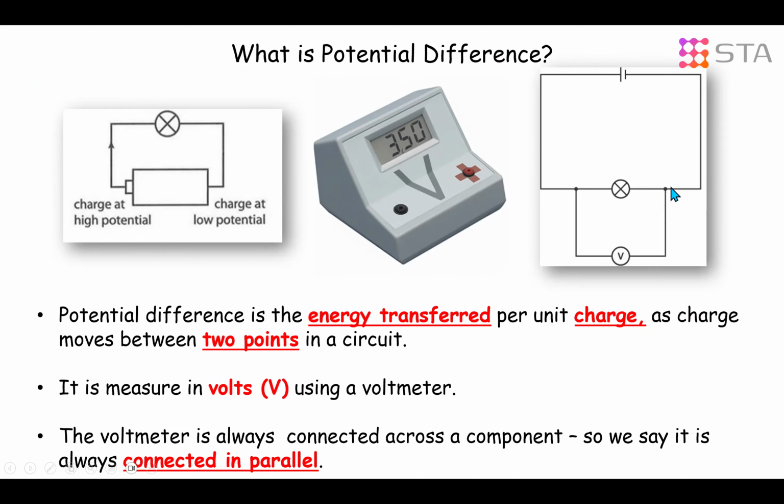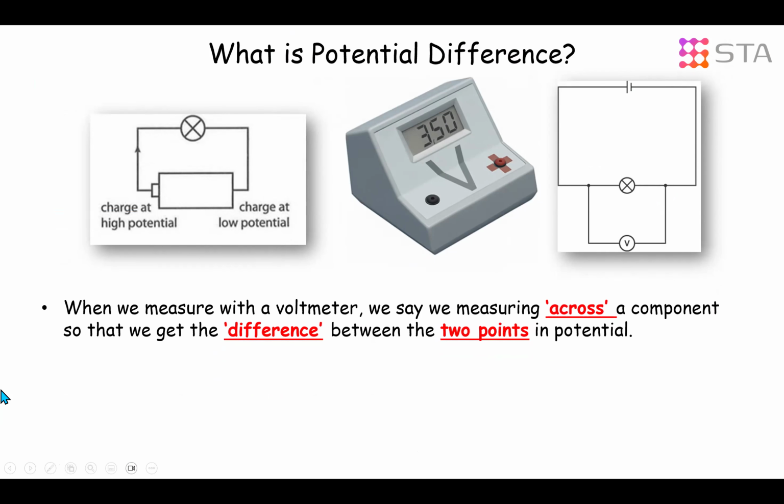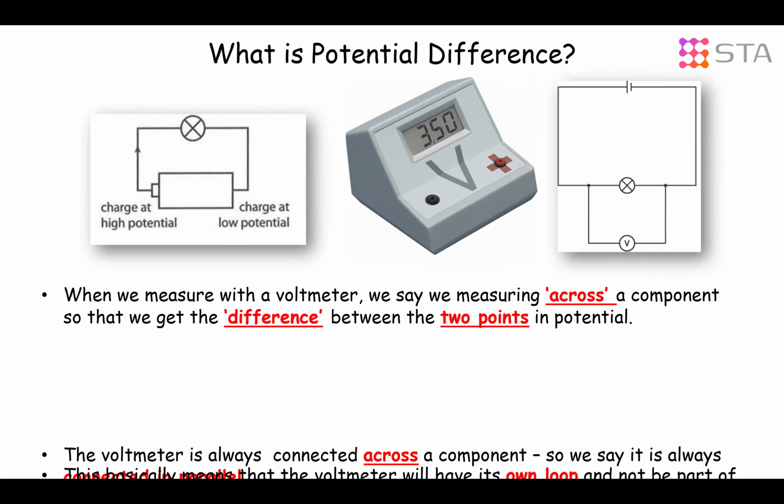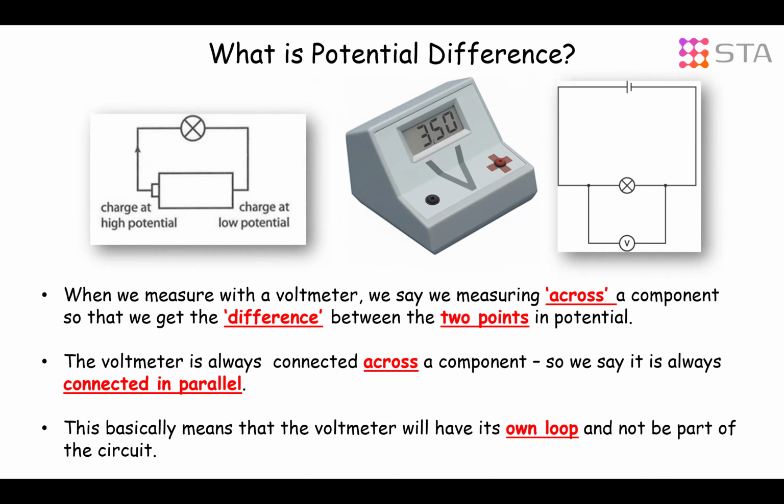the potential difference or difference in energy transferred by the charges here and here, before the lamp and after the lamp. Okay, so when we measure with a voltmeter, we say measuring across a component like a bulb, so we get the difference between the 2 points in electrical potential or electrical potential energy.